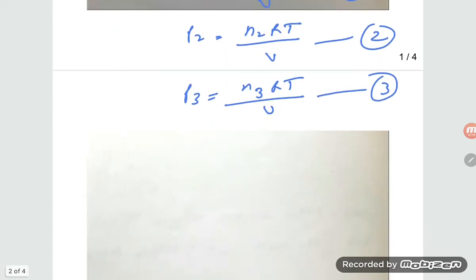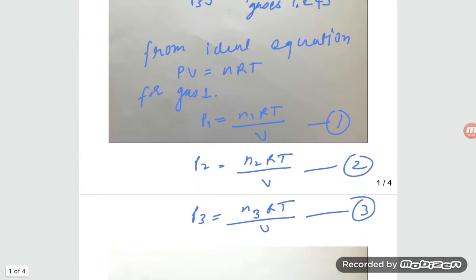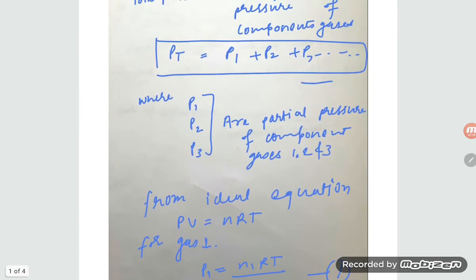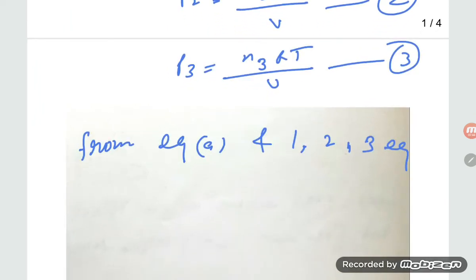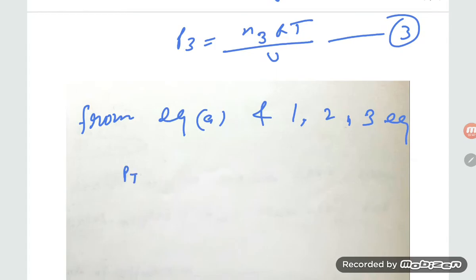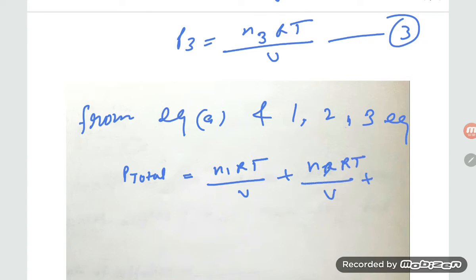Now students, we put these P1, P2, P3 values in equation A. So P total is equal to N1 RT by V plus N2 RT by V plus N3 RT by V. We put these three equations here.